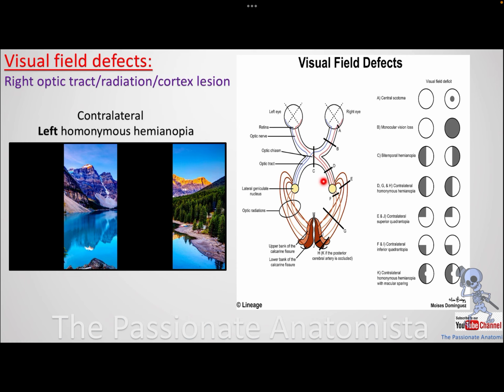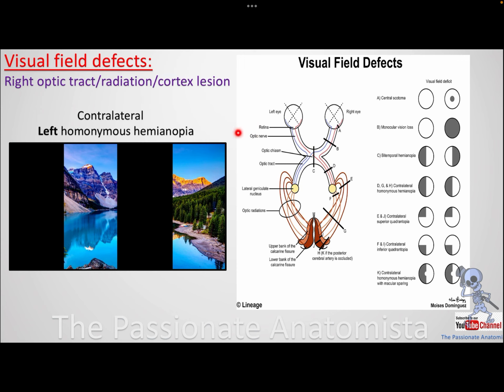So guys, anything that happens after the chiasma, everything on the opposite side is going to be lost. If you have a problem with the right tract, the whole right optic radiation, the whole right cerebral cortex, or let's be specific, occipital cortex, occipital loop, you will lose the left visual field of both eyes.